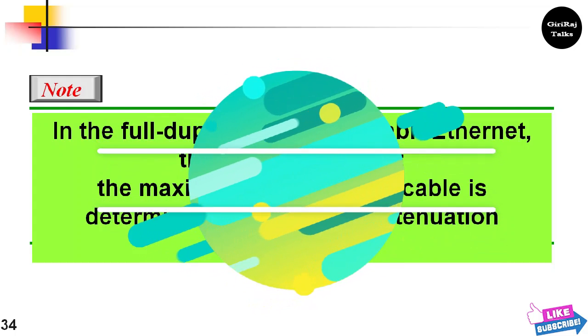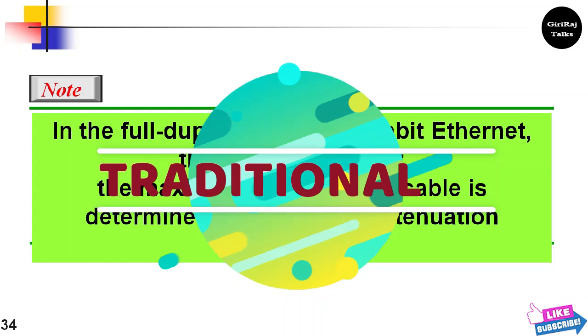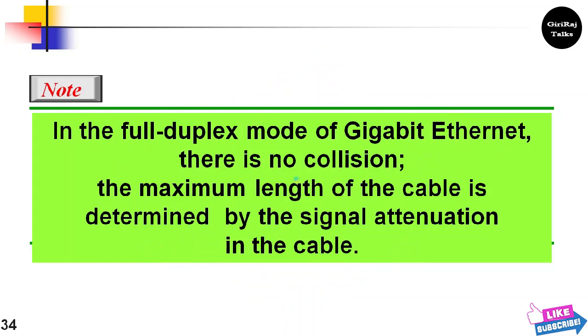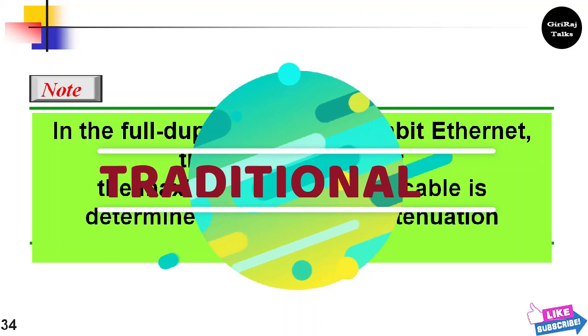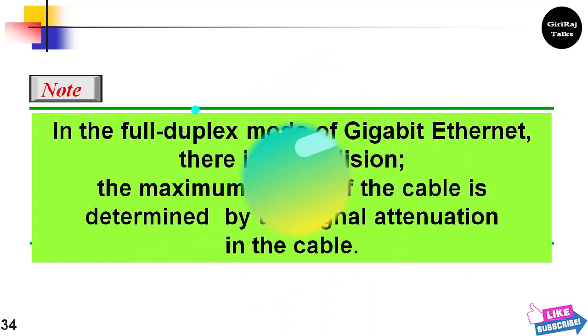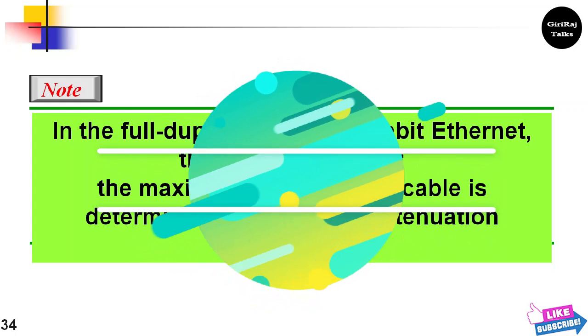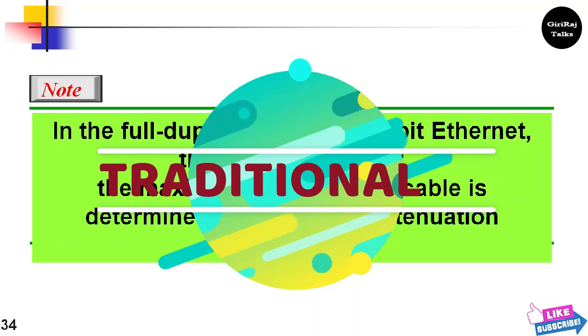First one, traditional. In the traditional approach, we keep the minimum length of the frame as in traditional Ethernet, 512 bits. However, because the length of a bit is 1/100 shorter in Gigabit Ethernet than in 10 Mbps Ethernet, the slot time for Gigabit Ethernet is 512 bits times 1/1000 microseconds, which is equal to 0.512 microseconds.